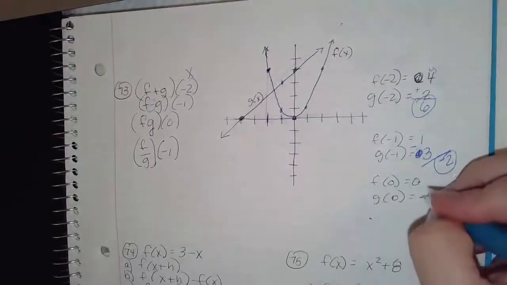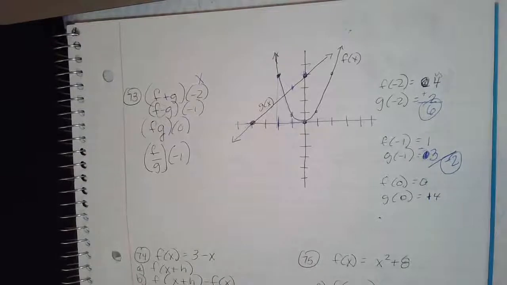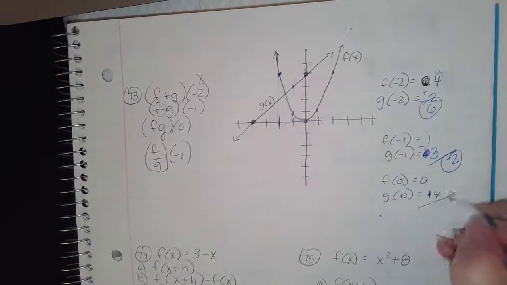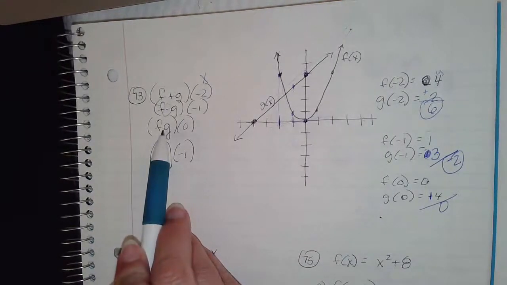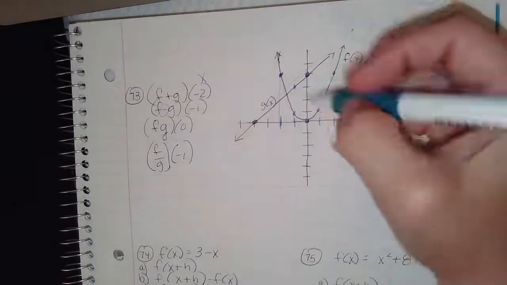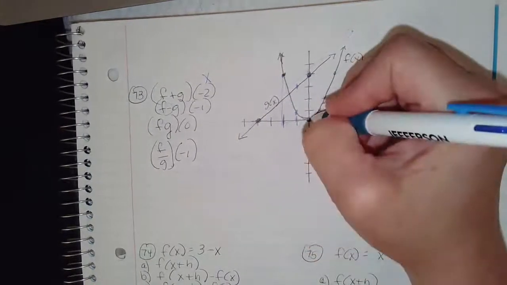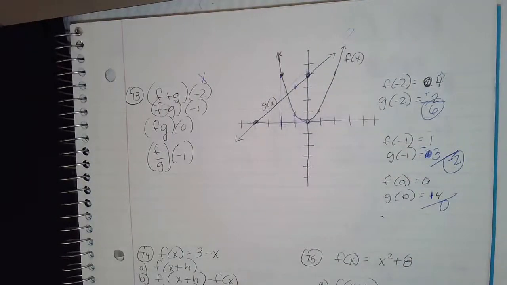I think I made a little mistake there. It's 4 places up. It's not really going to matter what it is because you're multiplying 0 times anything, which is going to give you a 0. So it says to multiply, FG is multiply those two answers. So since the parabola had a y answer of being at 0 as well, 0 times anything else was going to make a 0 final answer.